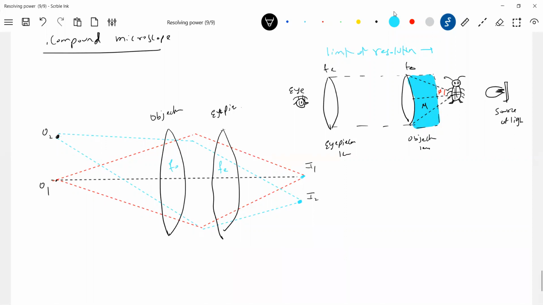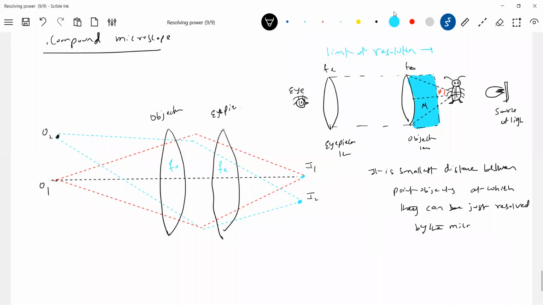So the limit of resolution we define like this: it is the smallest distance between two point objects at which they can be just resolved by the microscope.